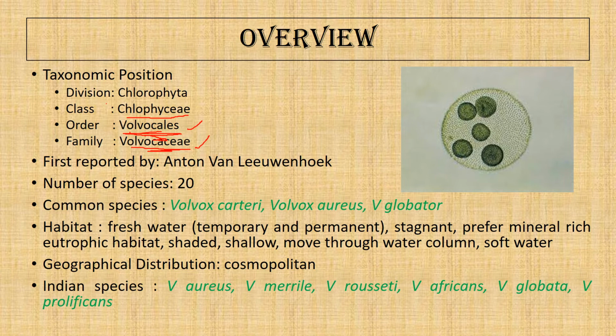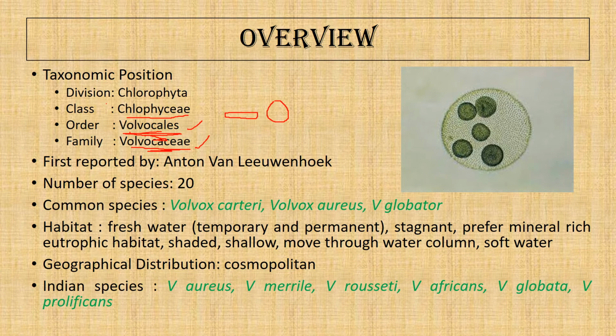It can be flat, like Gonium, the flat-shaped one. Then it can be Eudorina or Pandorina, which are spherical, and Volvox, which is spherical and hollow.